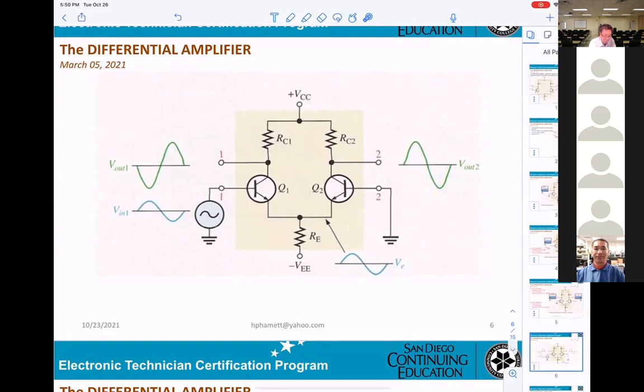So if you look at the two outputs, one will be inverted and one will be in phase. That will be telling you, when they apply the signal into Q1 and ground Q2, what output 1 looks like and what output 2 looks like.